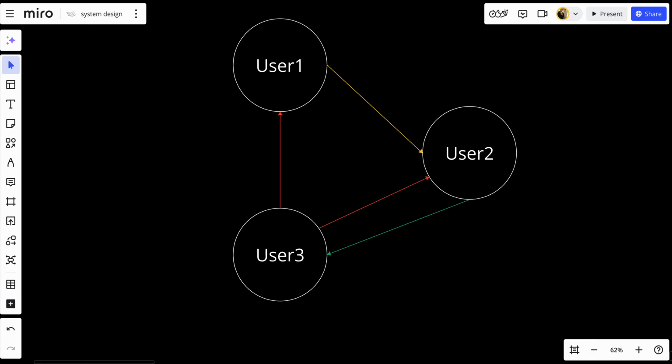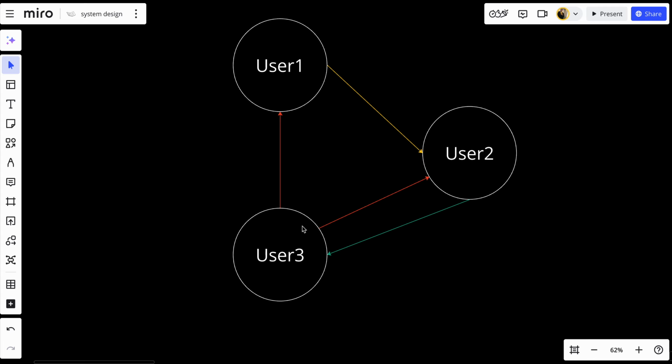As I said, the nodes represent the users, and the edges are the connections, like friendships or follows. So user 1 follows user 2, user 2 follows user 3, and user 3 follows both of them.